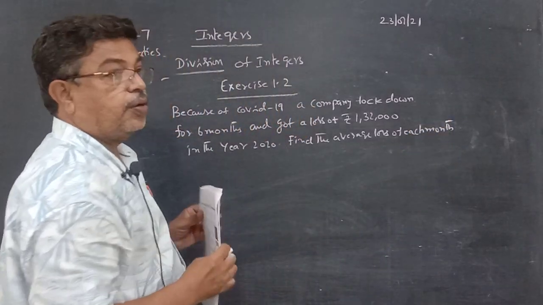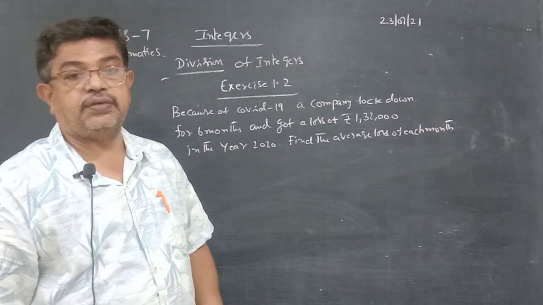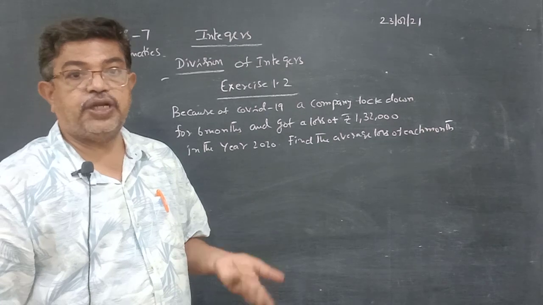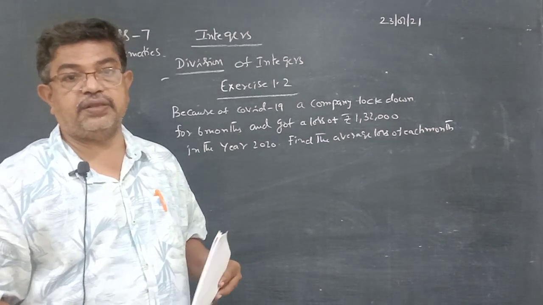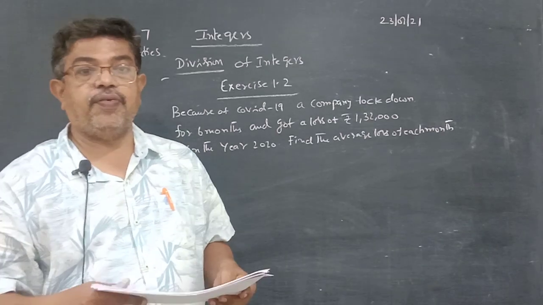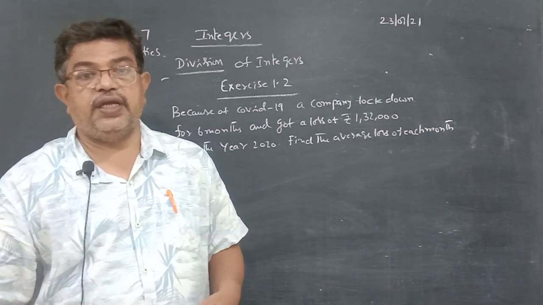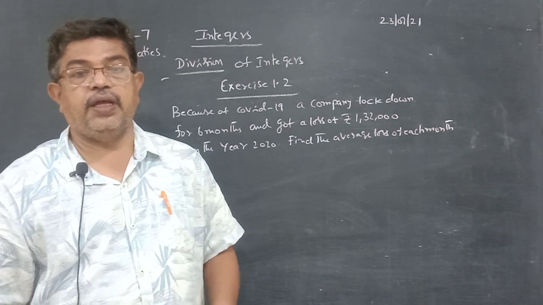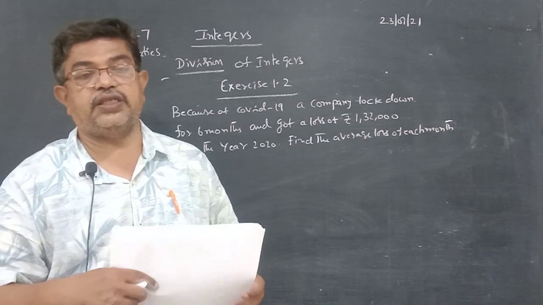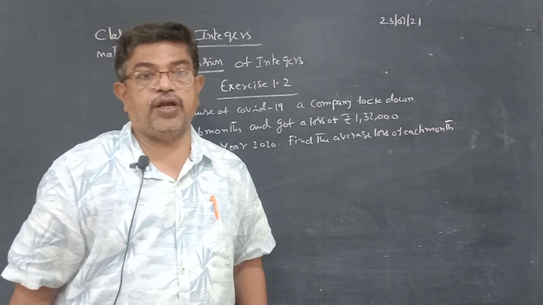So it's a very good problem. So the company is locked down for 6 months. That means the company is not doing any major work. Only some activities will be going on. The security people will come, they look after the protection of the company and the material that is available inside the company. Similarly, our school also didn't work regularly.